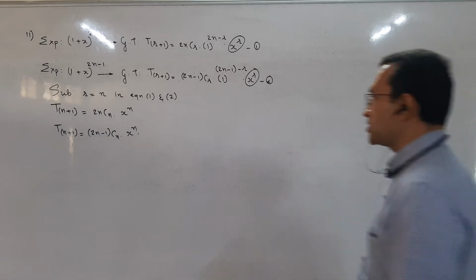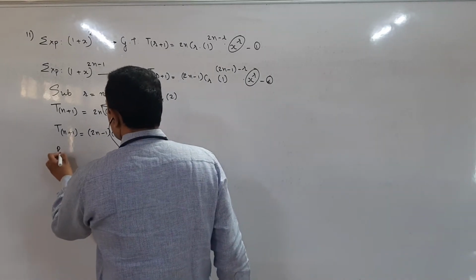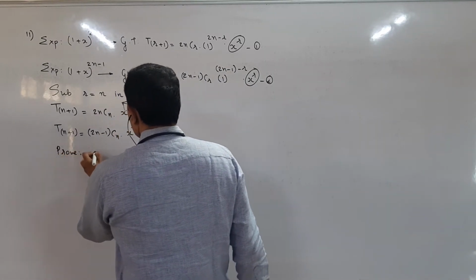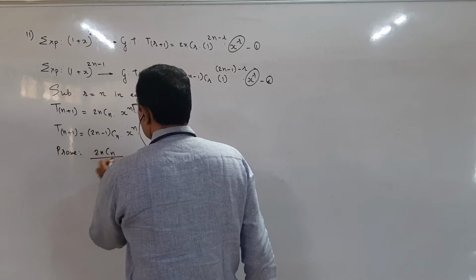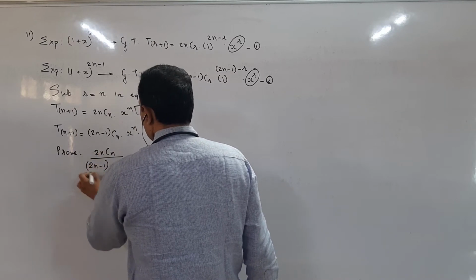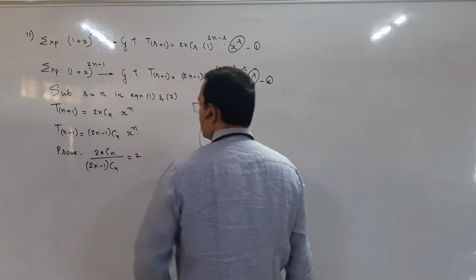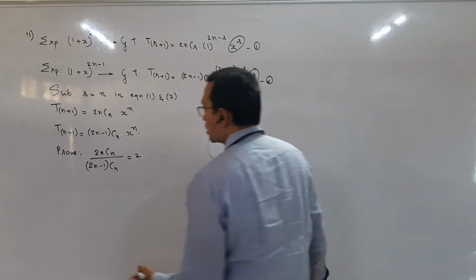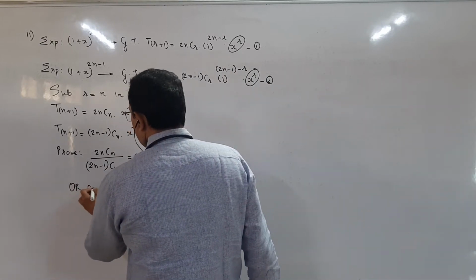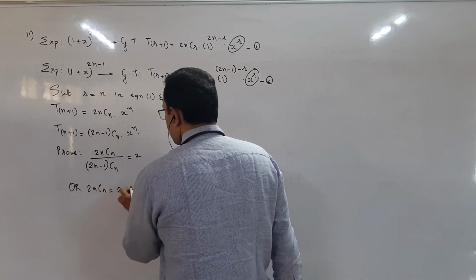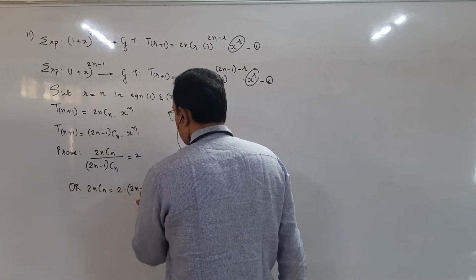Now what does the sum say, students? We have to prove 2n C n upon (2n-1) C n is equal to 2. Or alternatively I can say that 2n C n is twice (2n-1) C n.